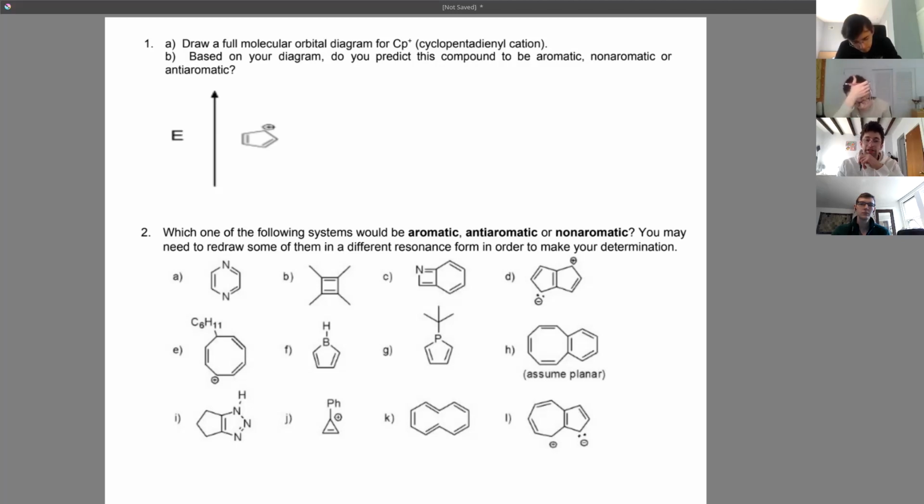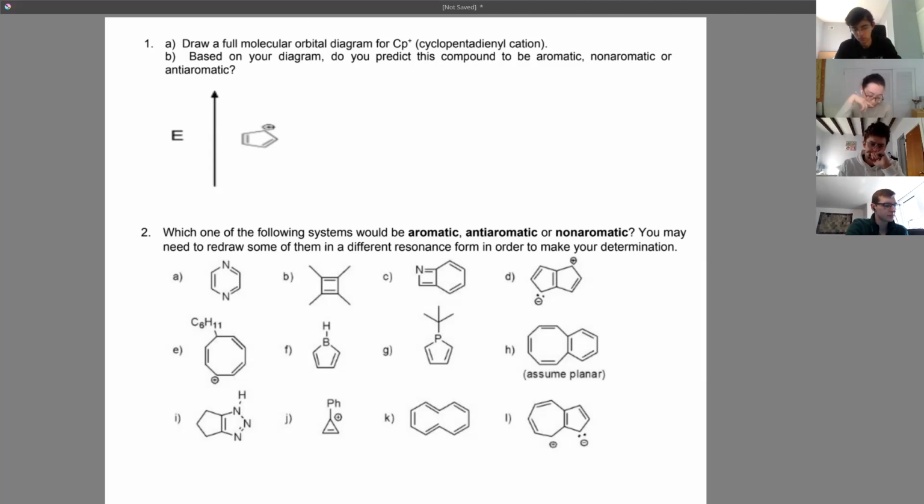I'm on team non, because I think that if you try to contribute any of the pi bonds over to the positive charge there, it would destroy the aromaticity. You can't get a conjugated system out of it, but it's just a hunch. What do you think? Move the one from the bottom of the triangle.